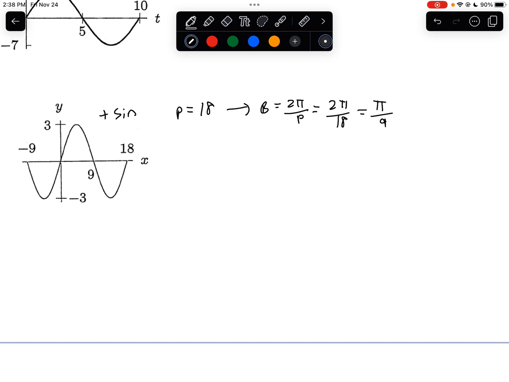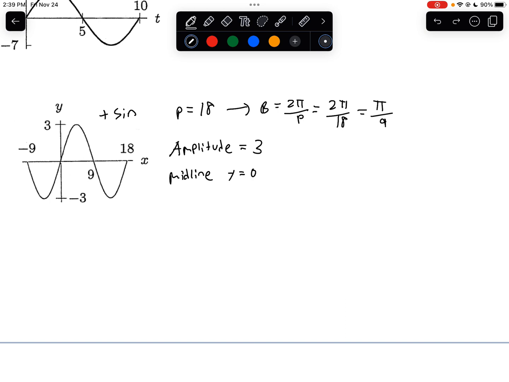And then the amplitude here is, you can do the max minus the min, but it's this height, half of the vertical height here, so that is just 3. But you can use the formula as well, that's fine. And the midline, you can kind of see that it's at 0, but you could do the average of the two. 3 here plus negative 3 over 2 is 0, so the midline is in fact 0.